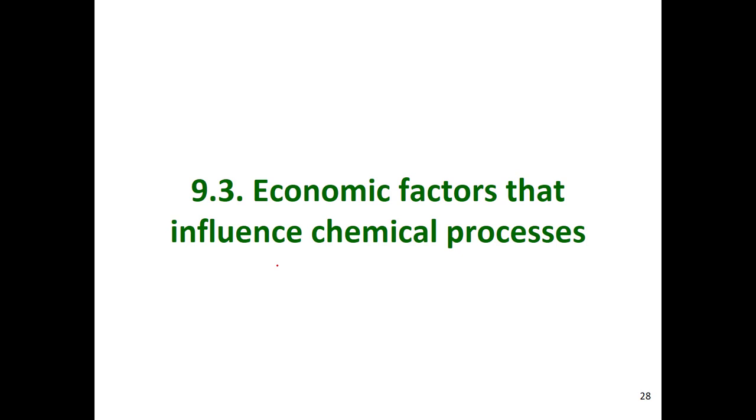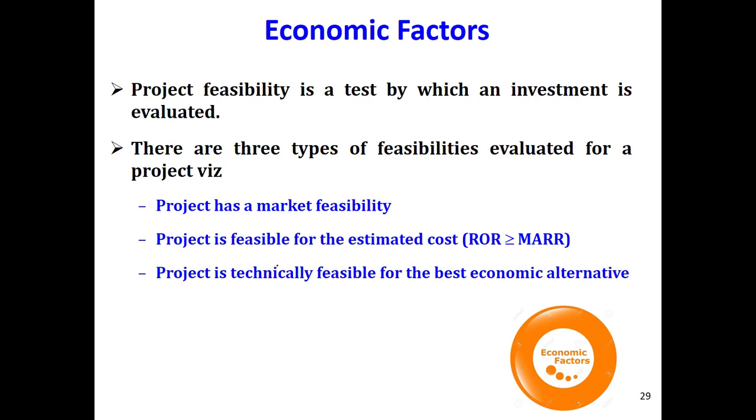Part 3 is economic factors that influence the chemical processes. In this part we are going to talk a little bit about profits, the things that might happen, something about marketing, how much return we will get from the investment, and different values.